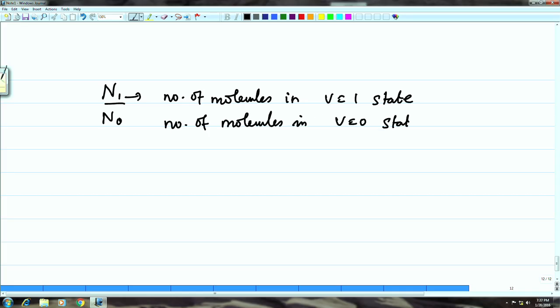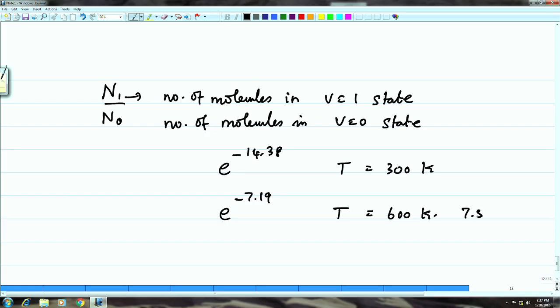If you calculate that, the number turns out to be approximately e to the minus 14.38 for T equal to 300 Kelvin, and e to the minus 7.19 for T equal to 600 Kelvin. It's a very small number. This is about 7.5 times 10 to the minus 4, and this number is about 5.68 times 10 to the minus 7. Therefore, you see there is very little population in the first excited state compared to the ground state.